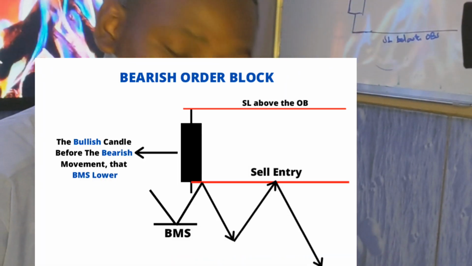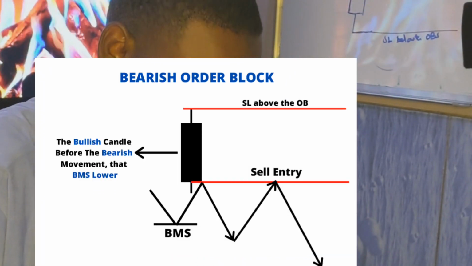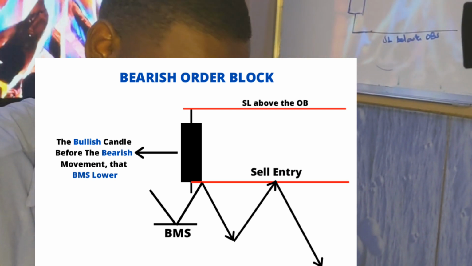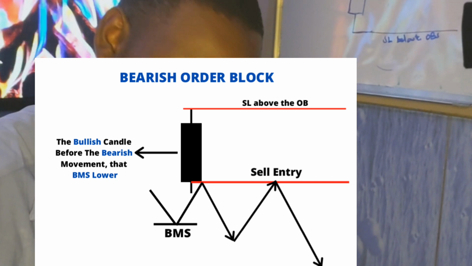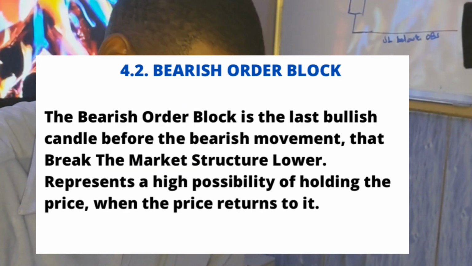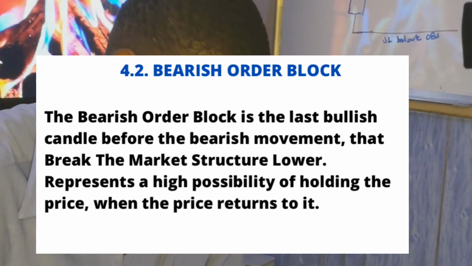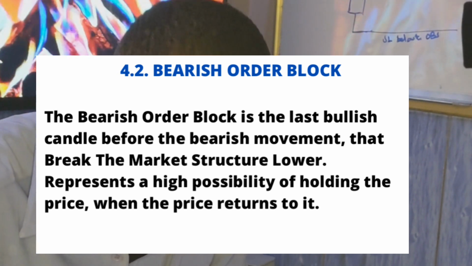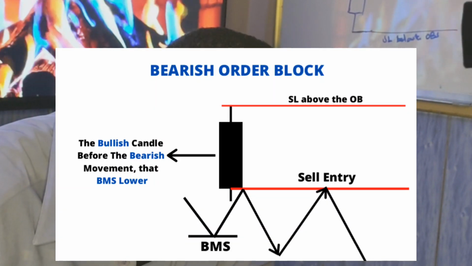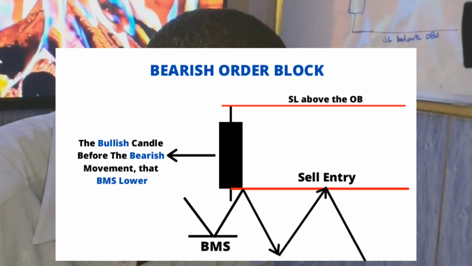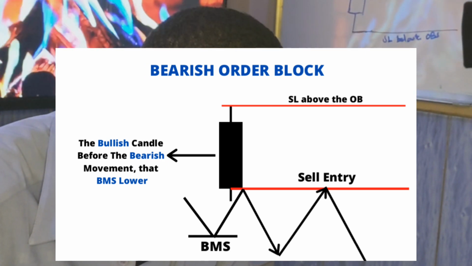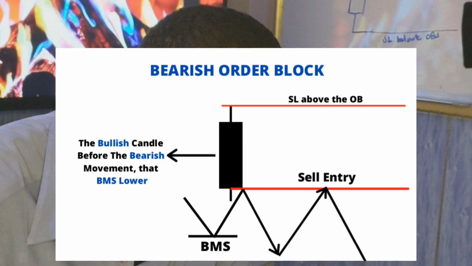After looking at the bullish order block, let's check the bearish. A bearish order block is the vice versa of a bullish order block. In a bearish order block, we are focusing on three things happening. The first one is the last bullish candle before a bearish movement that breaks the market structure low. Let's look at our charts. This one is the last bullish candle before the bearish movement that breaks the market structure low.